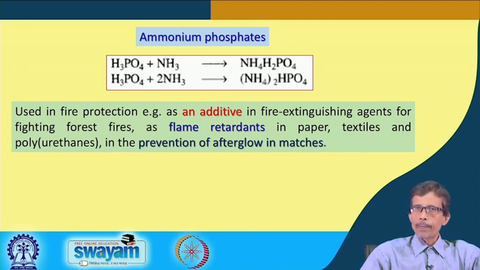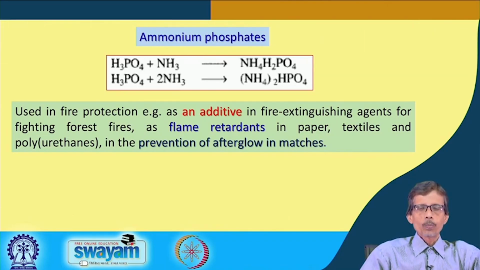Then fire retardant papers, which will not catch fire very quickly. Then textiles, and then polyesters. Some polyesters are polyurethanes, which is one variety.